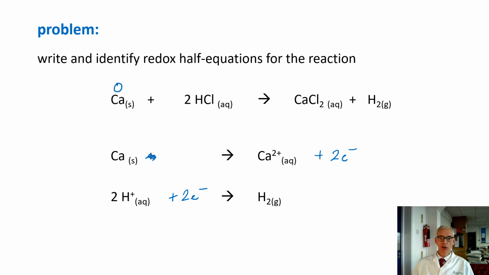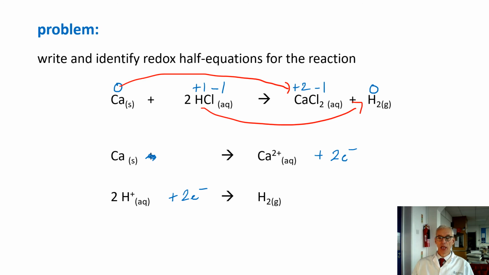Well, calcium goes from oxidation number 0 to oxidation number +2. Hydrogen goes from +1 and then as in the element 0. Chlorine in hydrogen chloride is -1 and in calcium chloride -1. So chlorine does not undergo any change. The calcium undergoes a change and the hydrogen undergoes a change, but the chlorine does not undergo an oxidation number change, and therefore it's a spectator ion. It's not involved in the redox half equations.